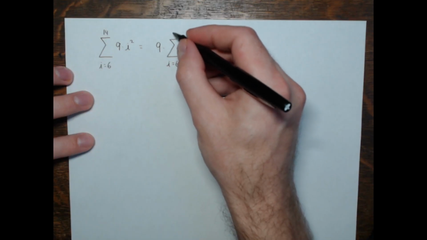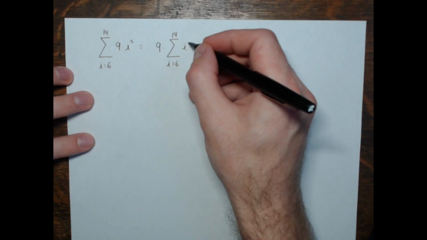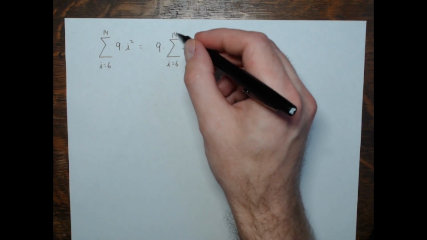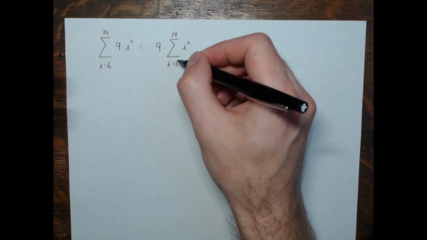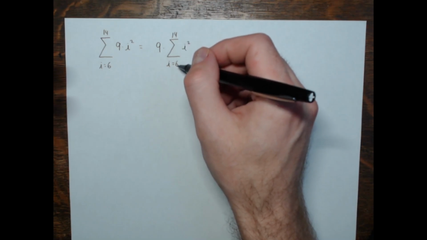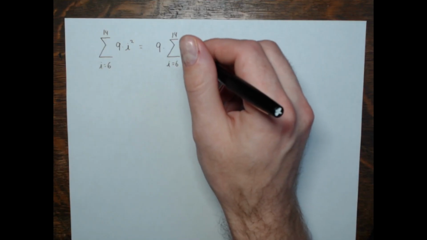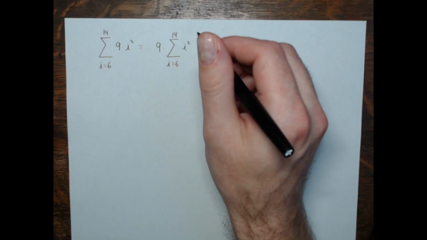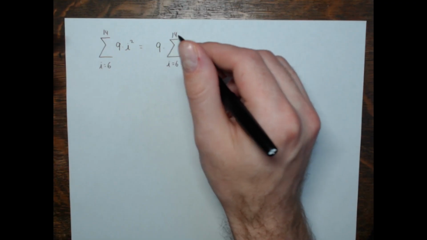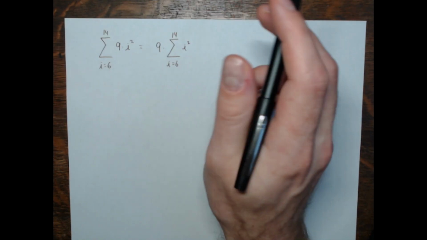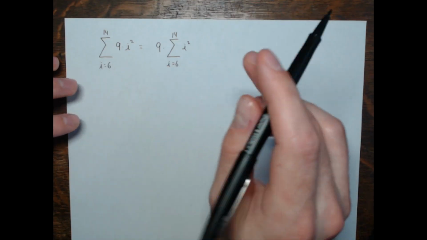And now we're going to focus on the sum from i equals 6 to 14 of these i squareds. Now that is only 9 terms, 14 minus 6 is 8, plus 1 is 9. So you could probably do this by hand; it wouldn't take too long. The squares might get a little big, 14 squared is 196, but not that big.